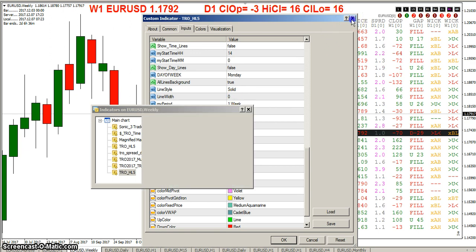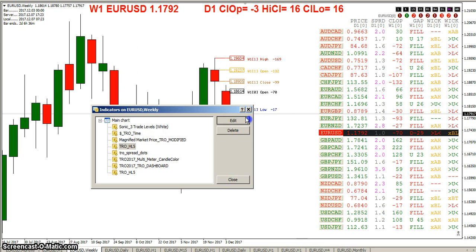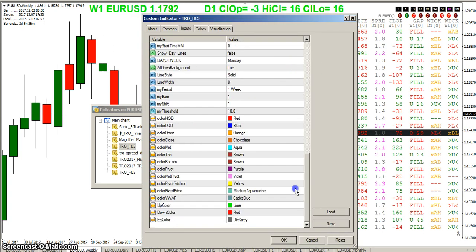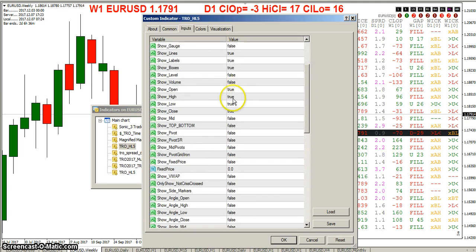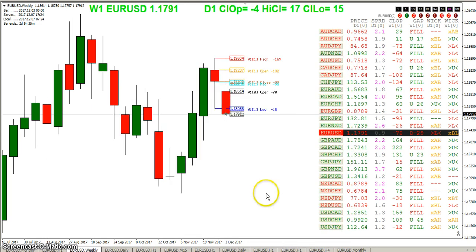No, must be this one. Yeah, my period 1 week, 1 bar ago. And we are going to show open, high, low, close. We can put the midpoint on there. We could also put the pivot if we wanted to. But for the purposes of this video, we're not talking pivots at this moment. So you see, there's the midpoint.